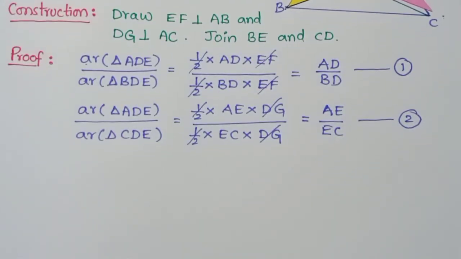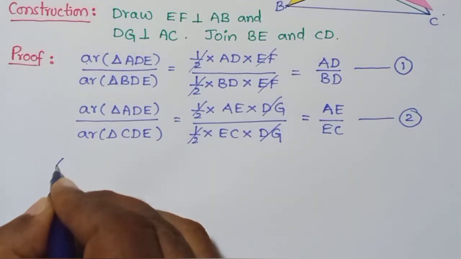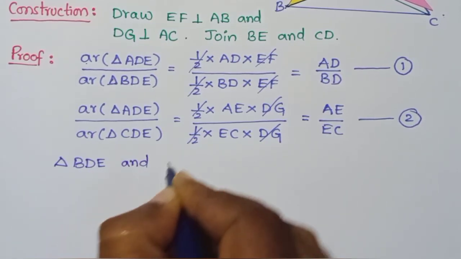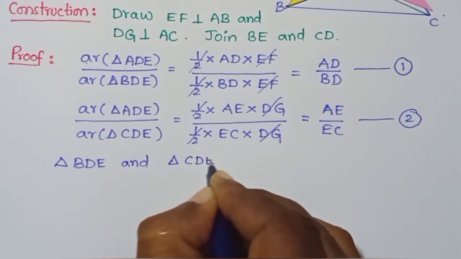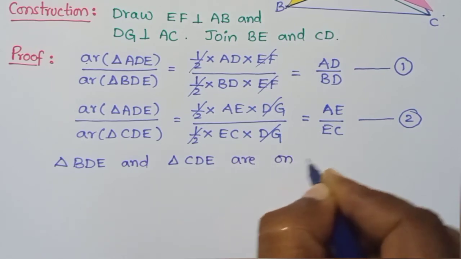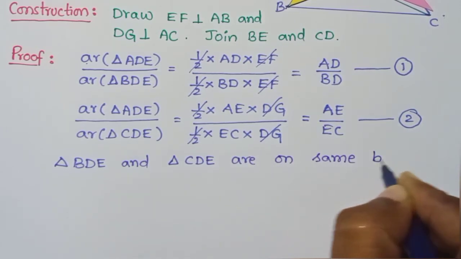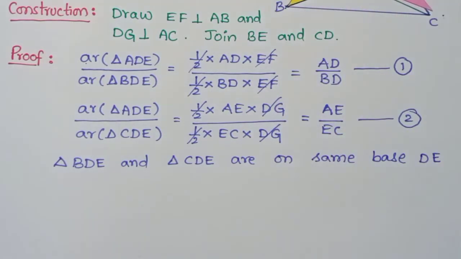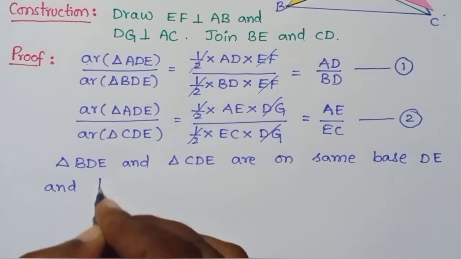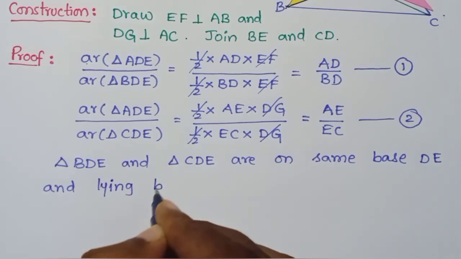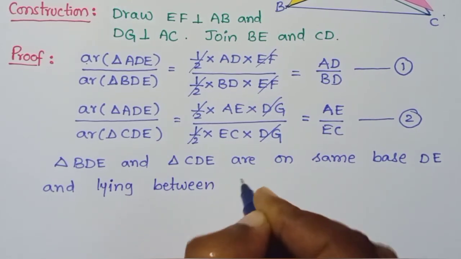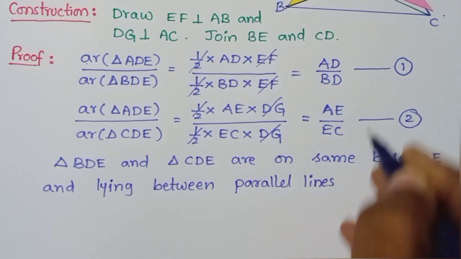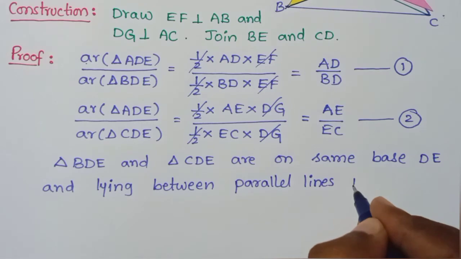See here, triangle BDE and triangle CDE are on the same base. What is the name of the base? DE is the common base and they are lying between parallel lines. What are the parallel lines? DE and BC.